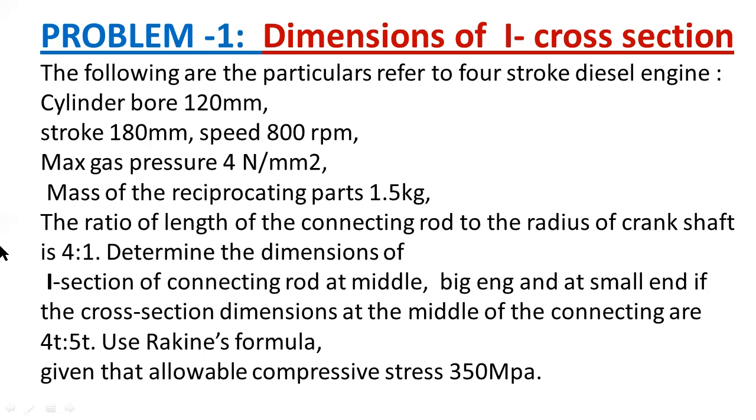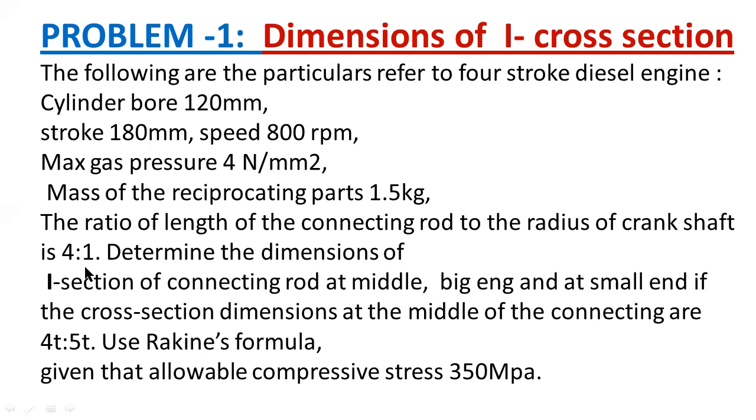And here the ratio of length of the connecting rod to the radius of the crankshaft is 4:1. That means small l is the length of the connecting rod, and small r is the radius of the crank. So the L by R ratio is given, L by R equal to 4:1.